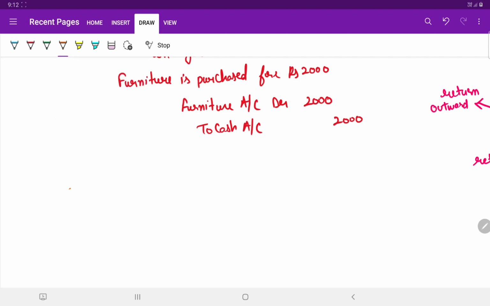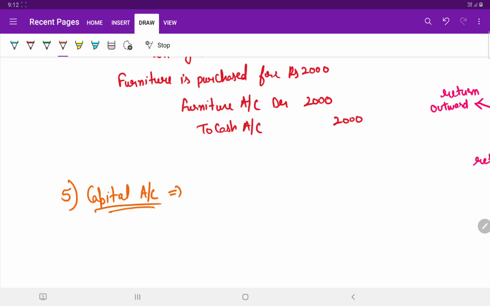Then comes the fifth type of account, that is the capital account. So, what is a capital account? The owner of the business is always considered to be a separate entity from his business. So, the money he invests to start his business is recorded in general on the credit side of his capital account and on the debit side in the cash account.